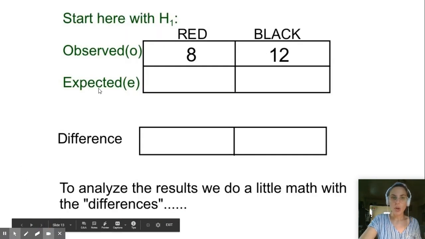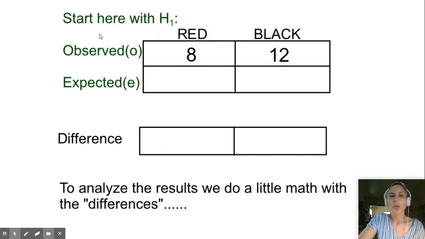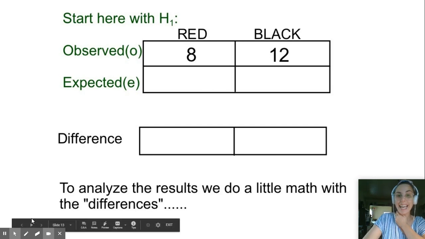We're going to start with our research hypothesis. We have 8 red, this is our observed, and 12 black. Our expected was 10 and 10, so we fill in 10 and 10 here.